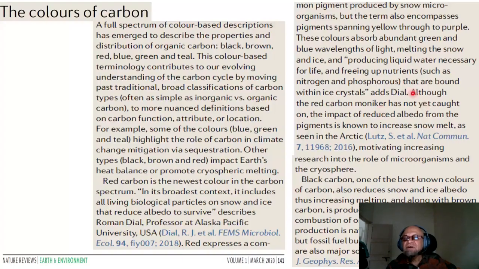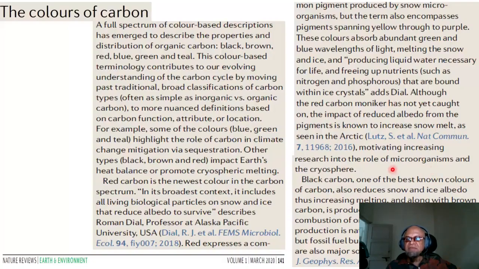So this is again added by Dial, the comment about how they produce nutrients by melting ice. Although the red carbon moniker has not yet caught on, the impact of reduced albedo from the pigments is known to increase snowmelt, as seen in the Arctic, motivating increasing research into the role of microorganisms and the cryosphere.